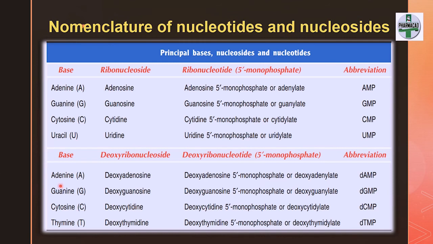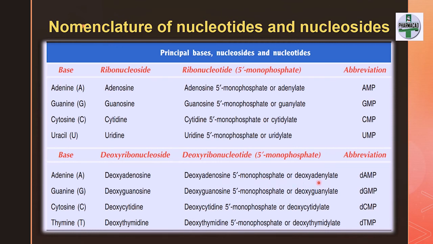Here if the pentose sugar is the deoxyribose, the deoxyribose group plus adenine nitrogenous base is together called as deoxyadenosine, and to this if a phosphate group is attached at the fifth carbon atom of this deoxyribose group, we call it as deoxyadenosine 5' monophosphate or deoxyadenylate.